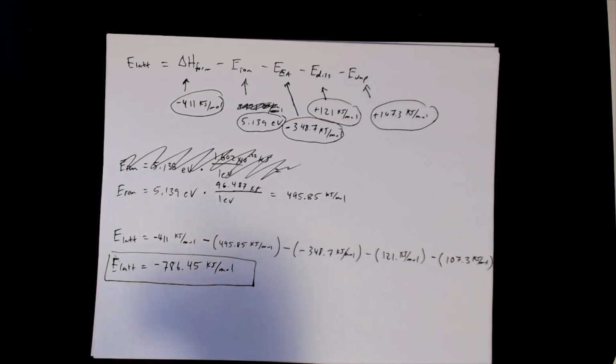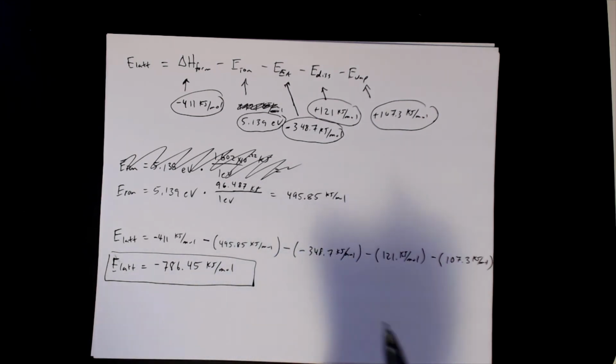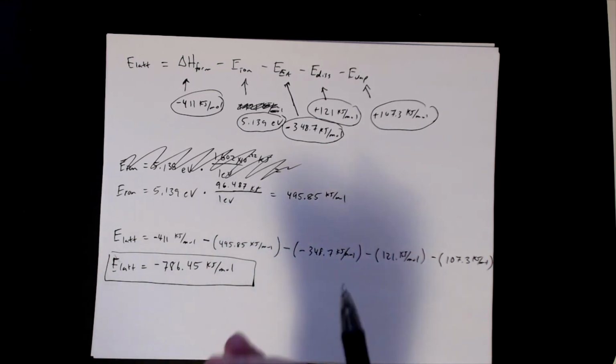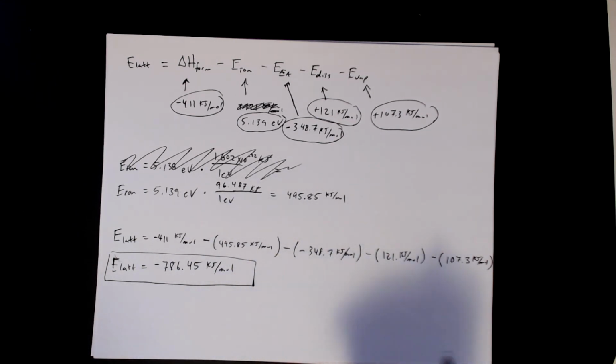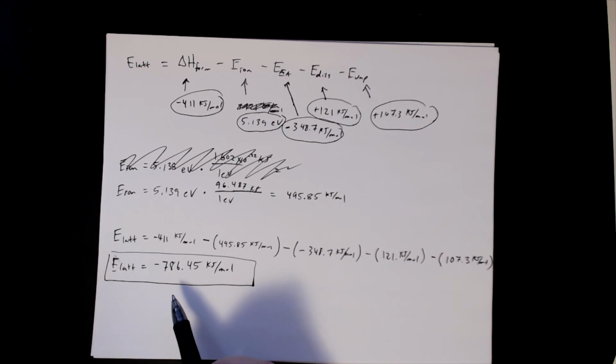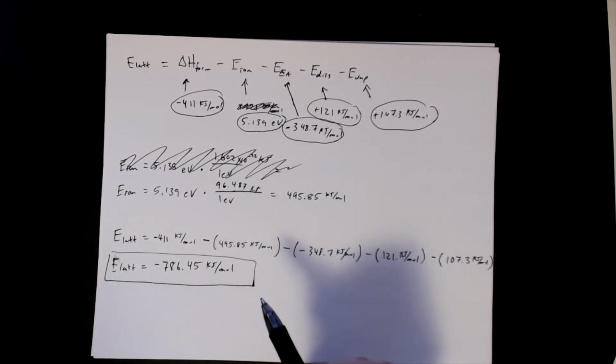If Born-Lande assumes that it's ionic and this does not, the discrepancy in a lot of cases can be an expression of some of the other forces that we're not accounting for, like covalency or potentially secondary bonding and other things outside of the ionic calculation. So that's something to keep in mind when we're doing these calculations. When we do the Born-Lande equation for very covalent materials, we see that the answer is much different than what we have for the Born-Haber cycle.